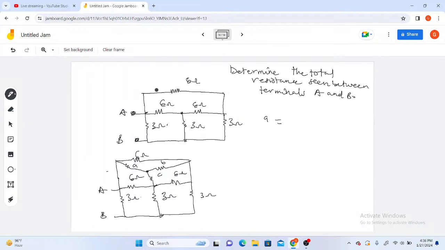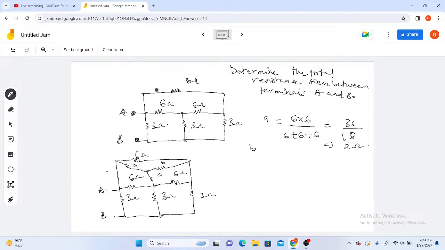Now, A finds itself between 6 ohm and 6 ohm. I'll multiply them, 6 by 6, over the sum of the three. 1, 2, 3, that is 6 each. 6 plus 6 plus 6 gives me 36 over 18. 36 on 18 is 2 ohm.